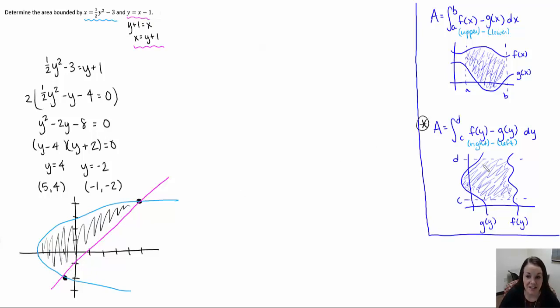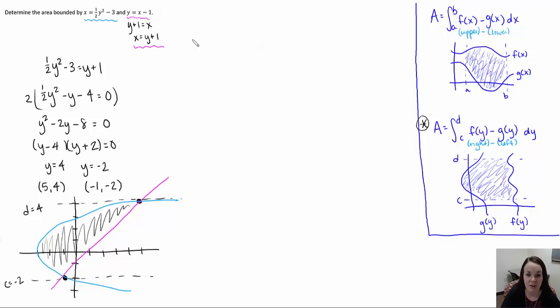So I want to use this definition of the area between the two curves. That means I'll have a bound at the top, and in this case, my d is 4, and then I'll have a bound down at the bottom, and in this case, my c is negative 2. Those will be the limits of my integral.